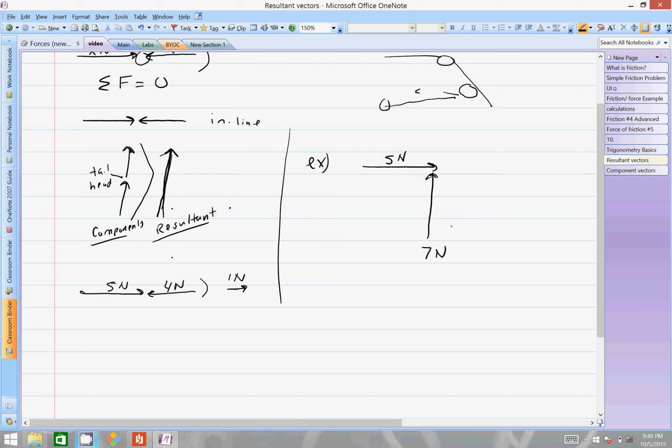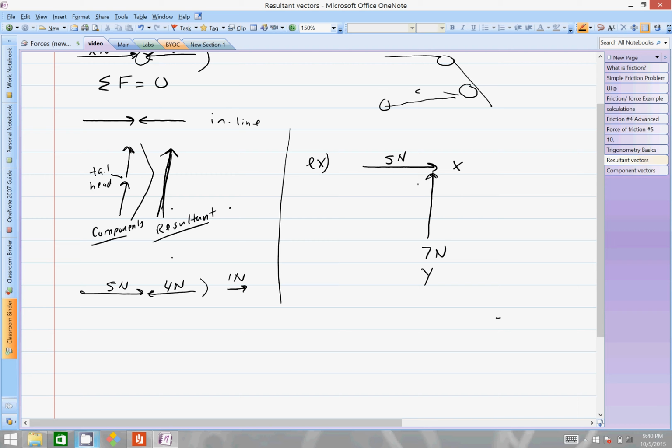What would be the resultant vector of these two added together? That's the goal of this little video, to do resultant vectors. What's nice about this is that one is acting in the X direction and the other in the Y direction, so we're not doing anything other than some basic trigonometry.